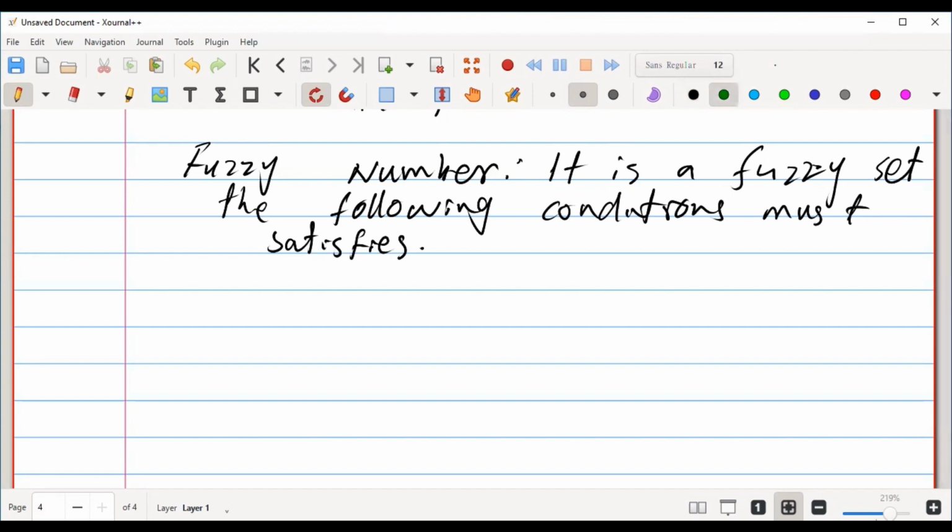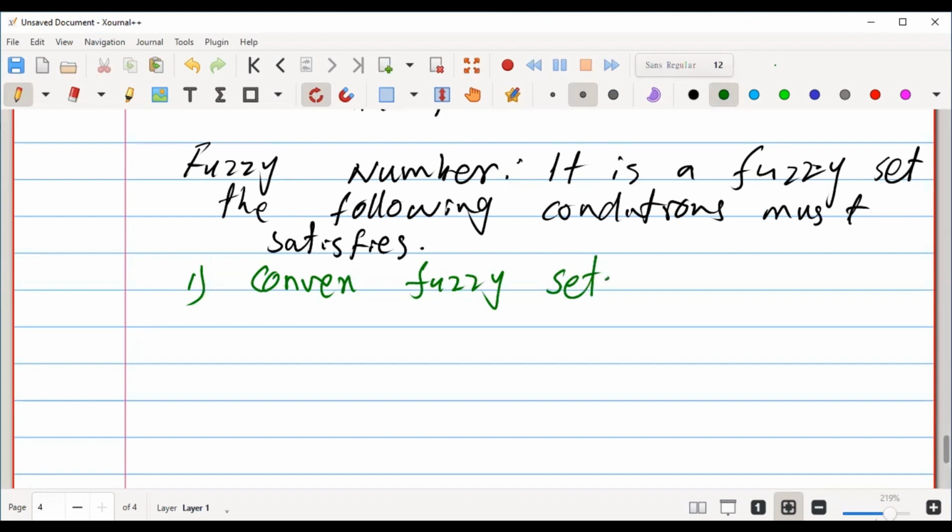If one of the conditions is not satisfied, this is not a fuzzy number, and we cannot discuss this further. Like first of all, the fuzzy number must be a convex fuzzy set. It is necessary to be a convex fuzzy set.